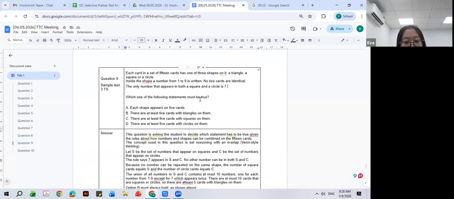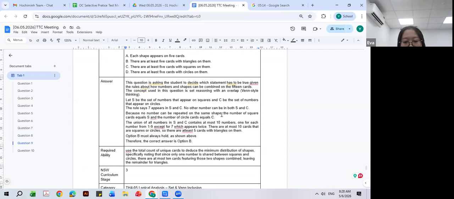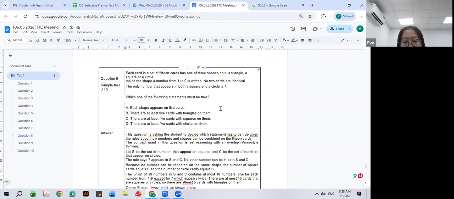So just a square and a circle have the number 7. So we have two cards with number 7, and the remaining numbers from 1 to 6 and 8 and 9 will be divided among the remaining cards.